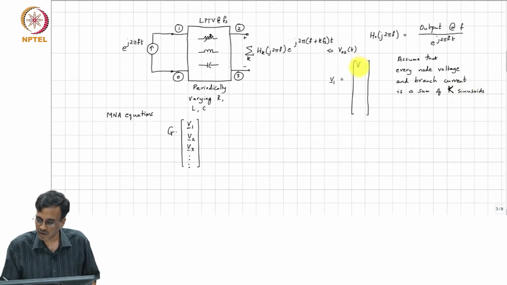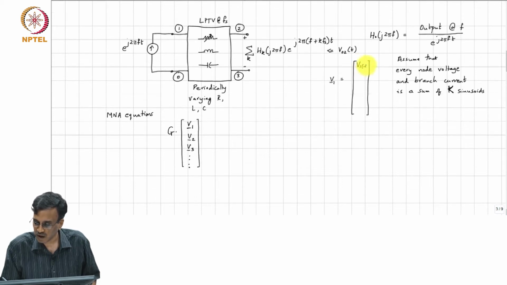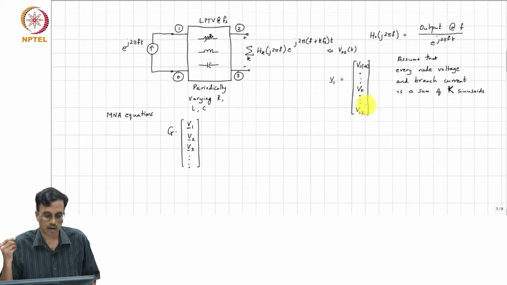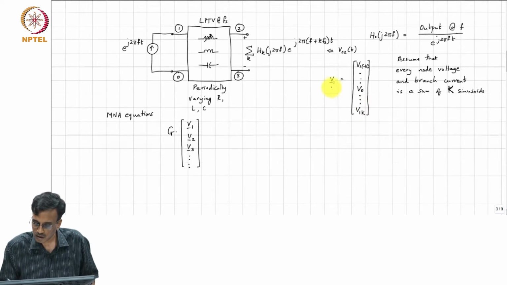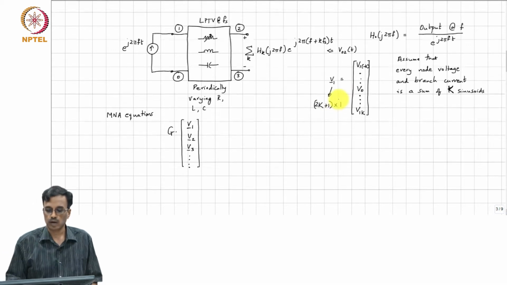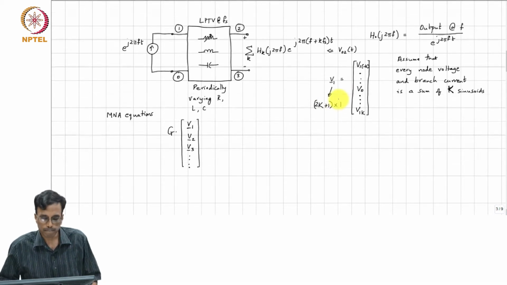So, this V 1 basically will consist of a phasor which is V 1 of minus K and so on, V 1 of 0 and V 1 of plus K, right. So, this is a 2 K plus 1 cross 1 column vector.